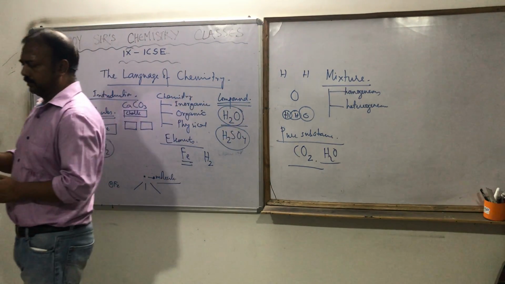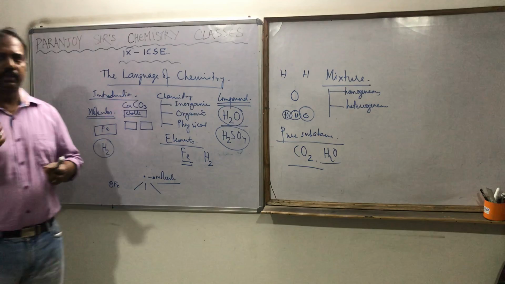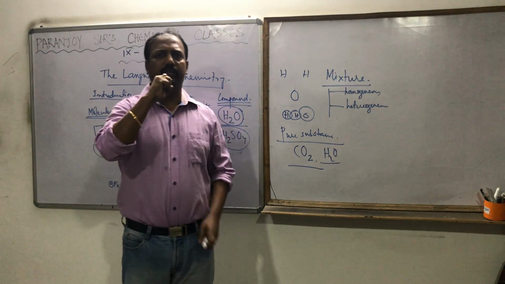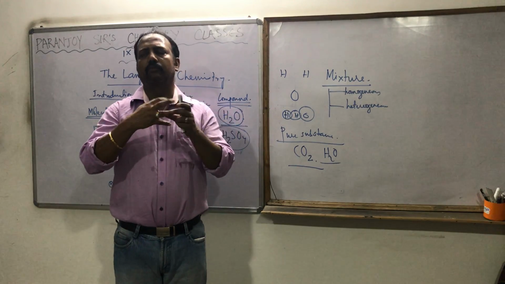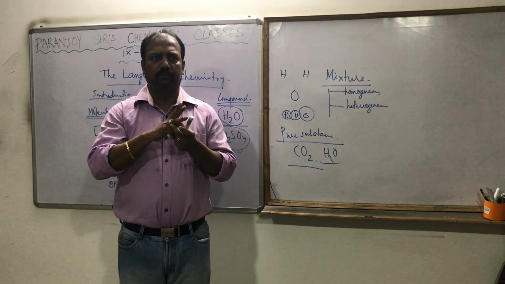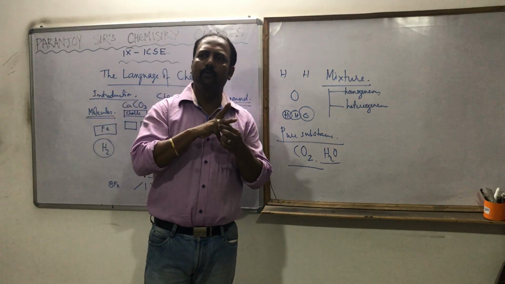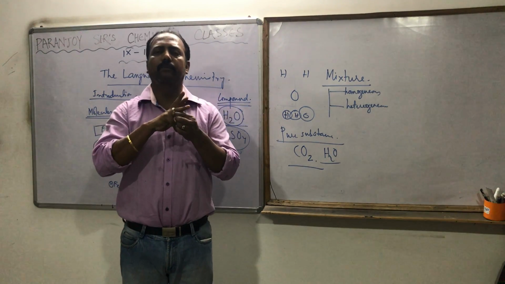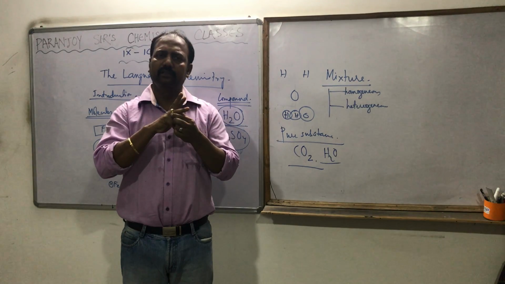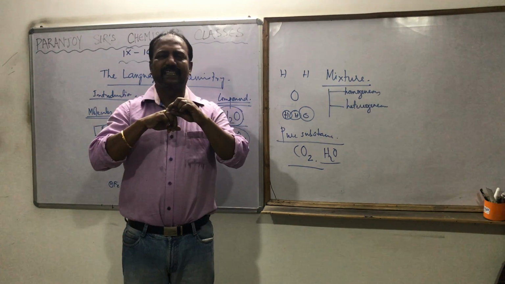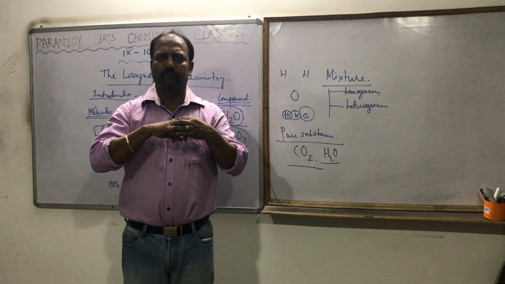Now what is a homogeneous mixture? See, the ring I am wearing, if I ask you what that ring is made of, most of you will say gold. But some of you must know that it's not only gold, some other metals are also present, for example copper and tin.